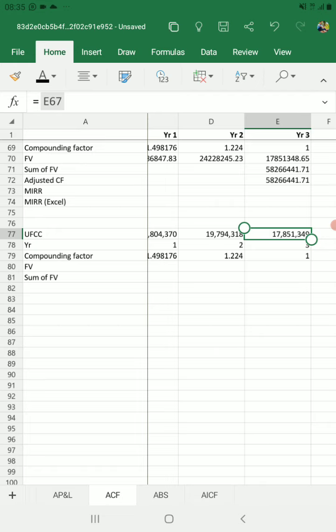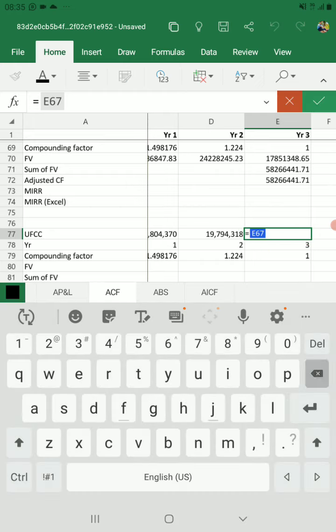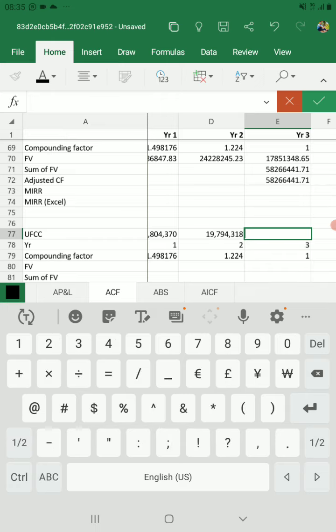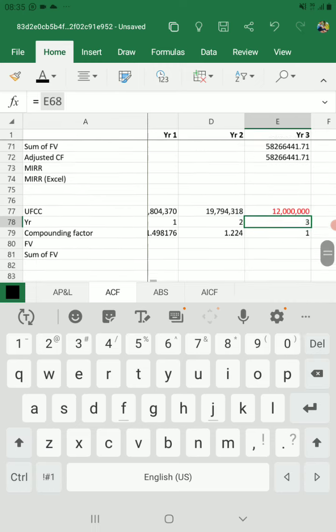Okay, so let's assume that our initial cash flow, instead of 70 of this figure, let's put the negative figure here. Let's assume it is, let's say, start with negative number and put, say, 12 million. Okay, let's assume that figure.